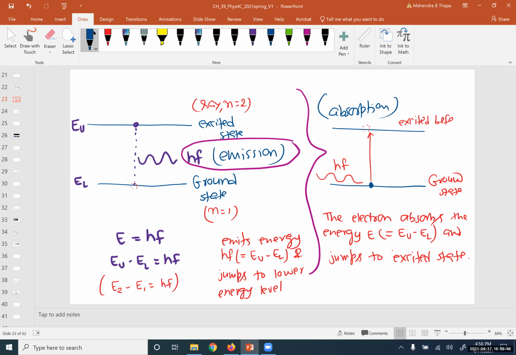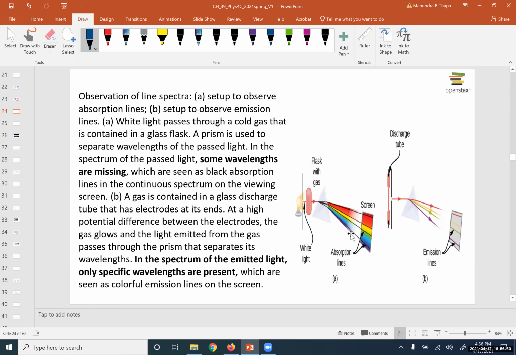Okay, so if we use this concept to understand the emission spectrum and the absorption spectrum, let's see, this is the source of the light. It emits all colors. This is the source of white light. So it emits colors of all visible wavelengths. So the color is white.